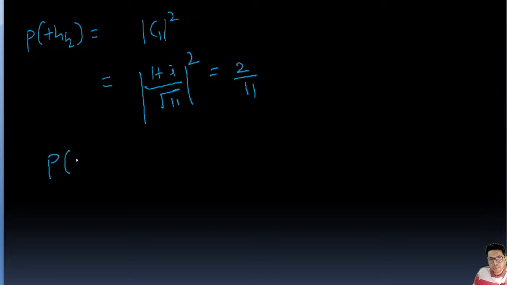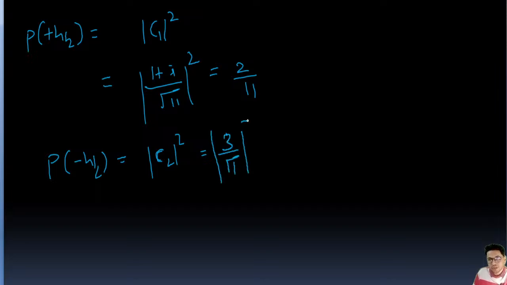Similarly, the probability of getting minus h cut by 2 is C2 mod square, which is 3 upon root 11 mod square, and that is going to be 9 upon 11.